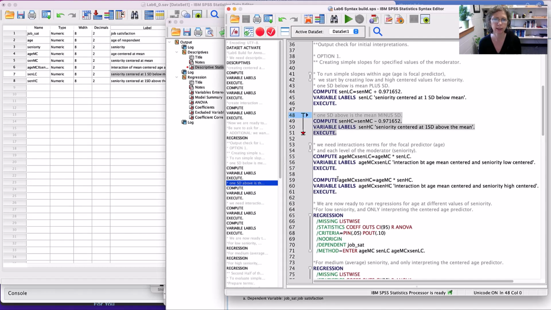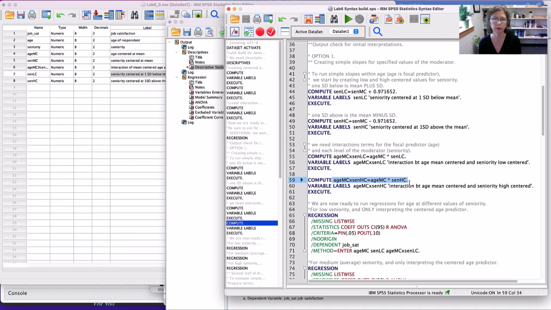Now we need the interaction term between age at mean, because that's my focal. Leave the focal variable at mean centered. It's only the moderator that you're changing levels on. Okay, you're going from low, high, and average, right?